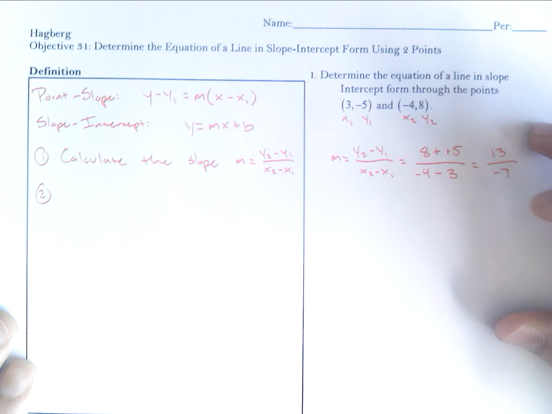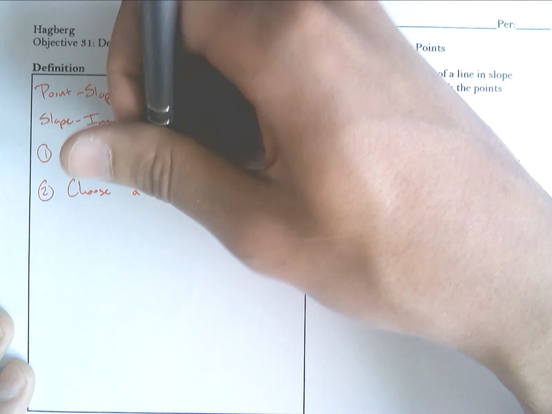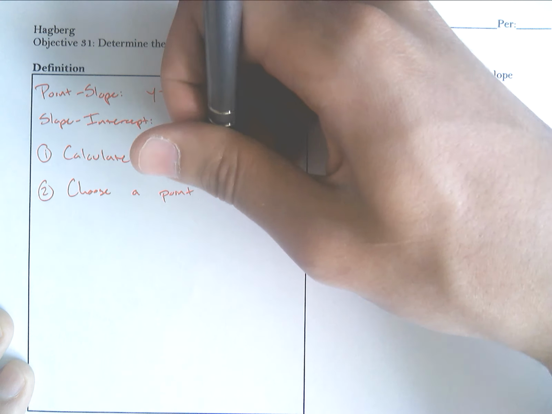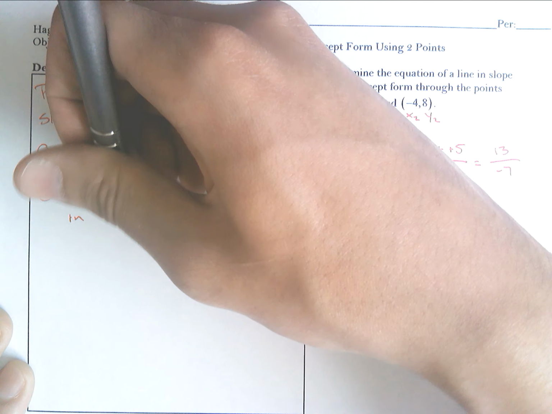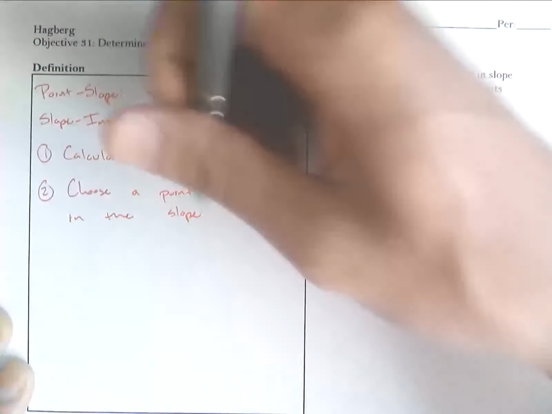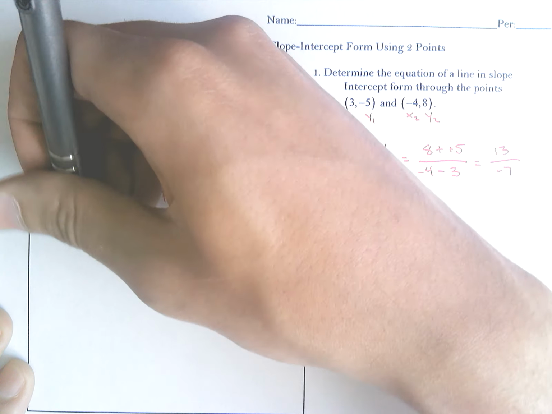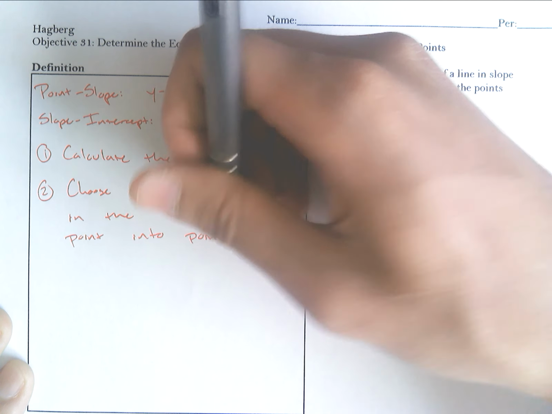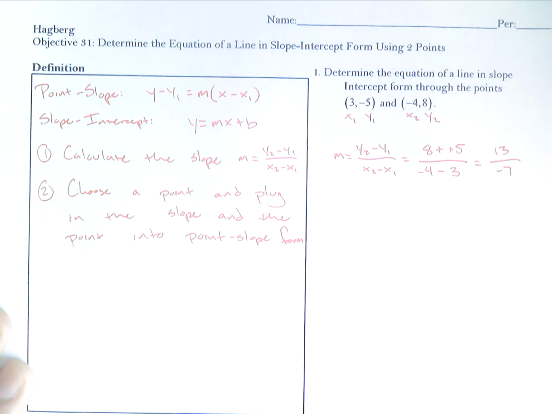Step 2, once we found our slope, is to choose a point and plug in the slope and that point into point slope form. So choose a point. It doesn't matter which one.